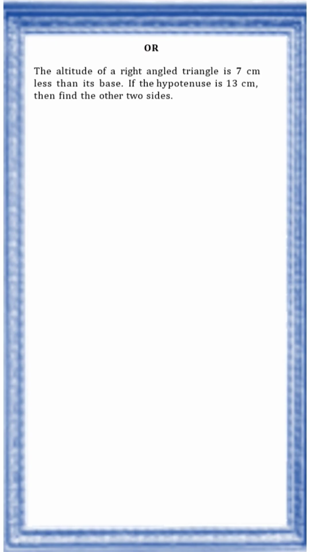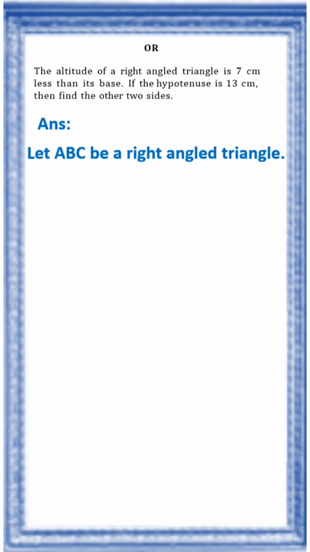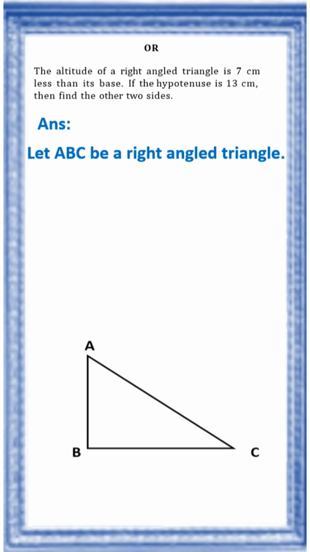The altitude of a right angle triangle is 7 cm less than its base. If the hypotenuse is 13 cm, then find the other two sides. Now we have right angle triangle ABC. By the figure you can understand that AB is the altitude, BC is the base.